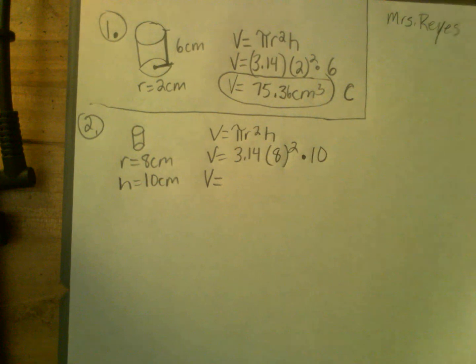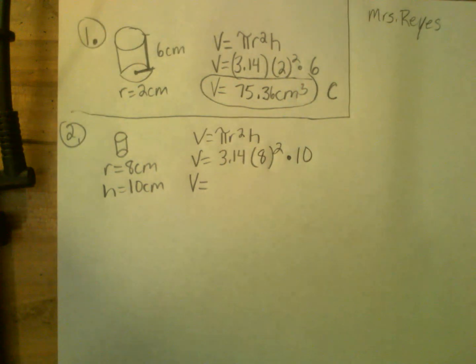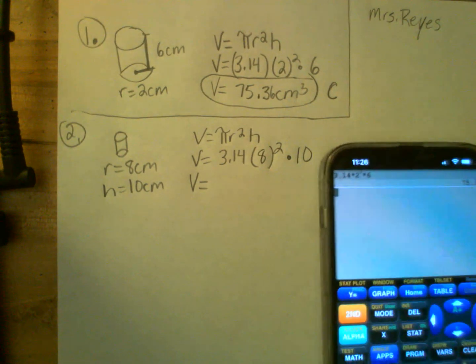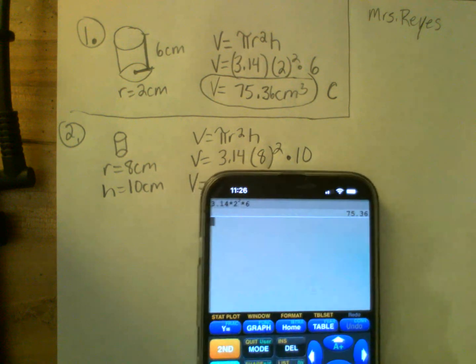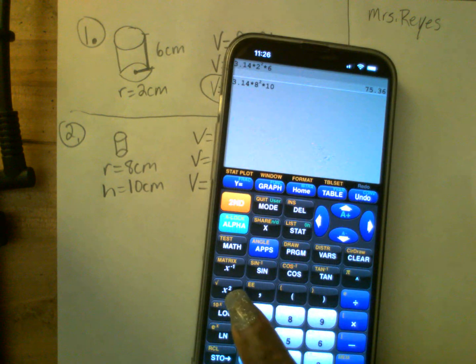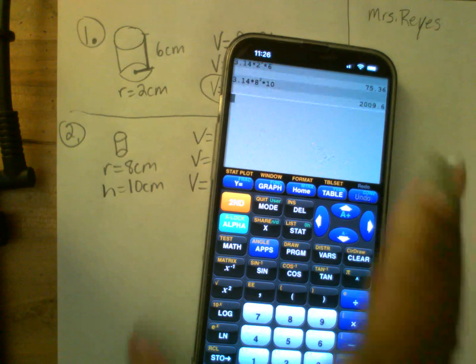Okay. All right, so we type this in as 3.14. Then we have times 8 squared times 10. Don't forget that the x squared button is how you square a number, and press enter.